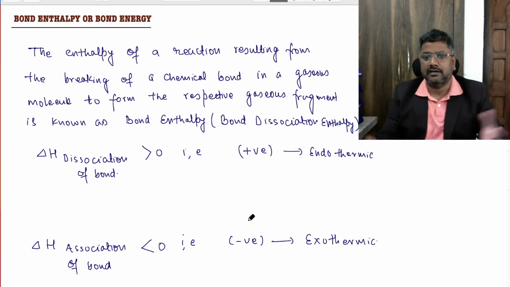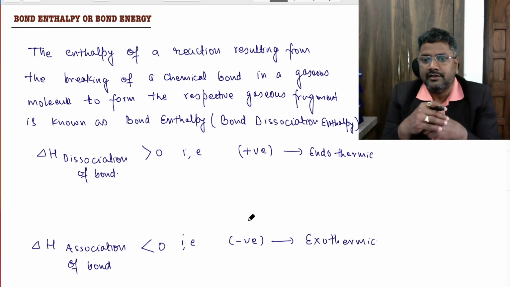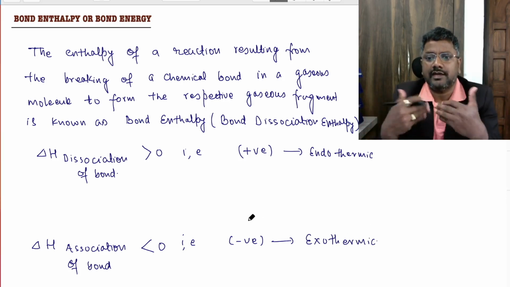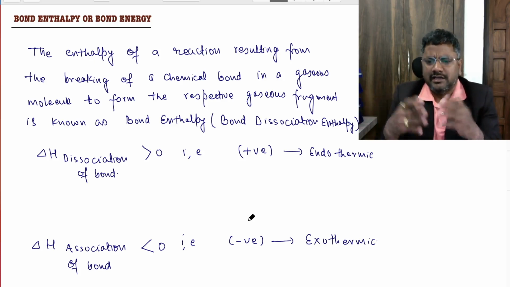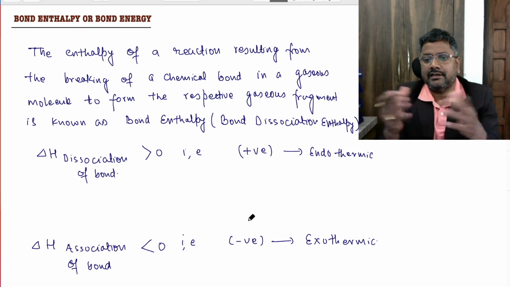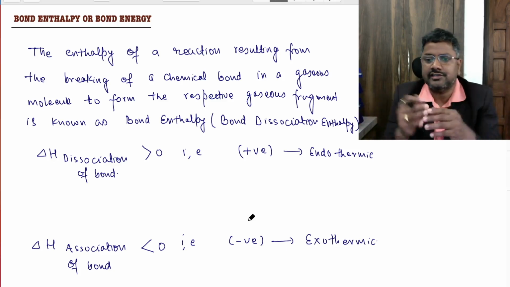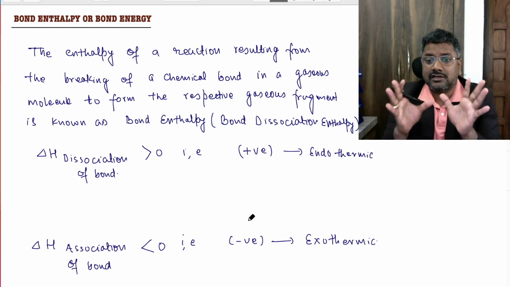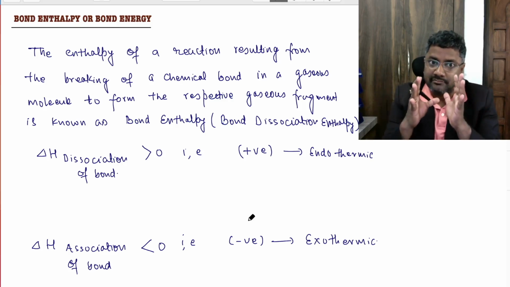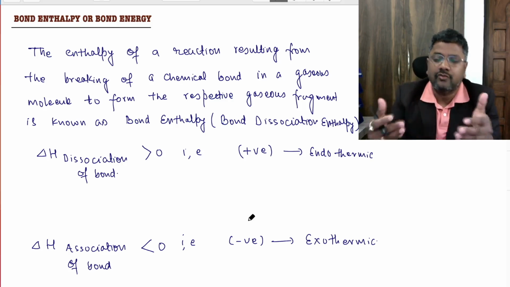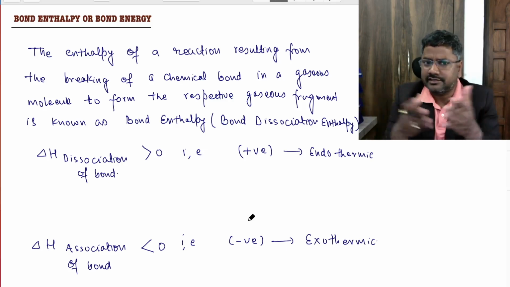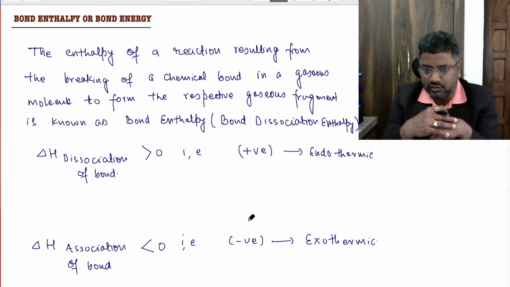So this is always true that in dissociation you have to supply energy to the system, and in association there is a release of energy. This is always true. You may have some exceptions, like the dissociation of ozone. That is not a clear-cut dissociation. There must be some secondary process happening along with the dissociation. Otherwise this statement is clear-cut always true, right?